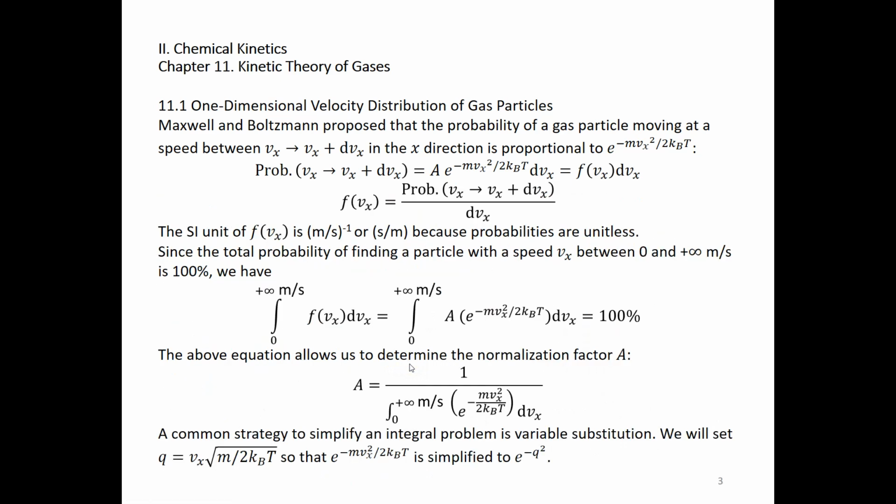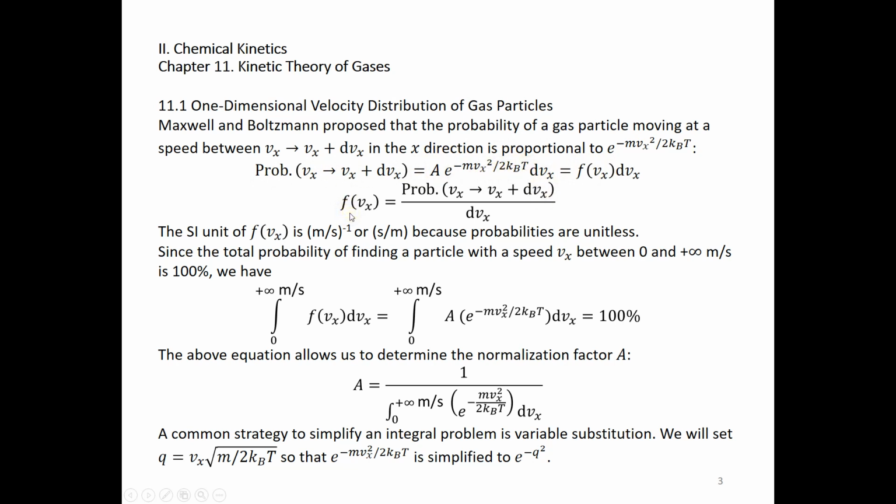Maxwell and Boltzmann proposed that the probability of a gas particle moving at a speed in this range is proportional to this Gaussian function of Vx, or you can say an exponential function of kinetic energy. And over here we have the expression for probability. It's the probability density multiplied by the range.